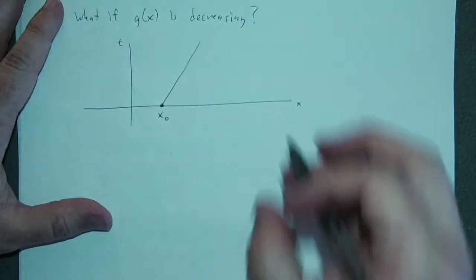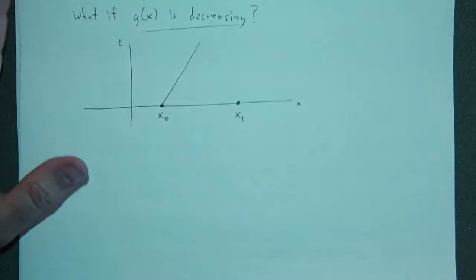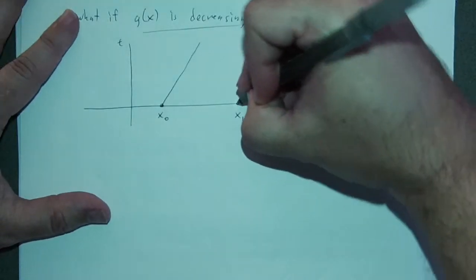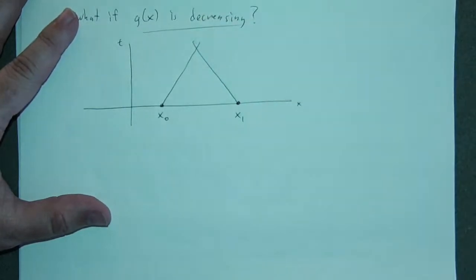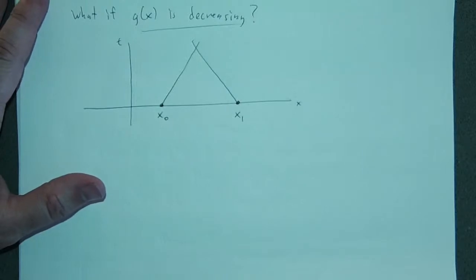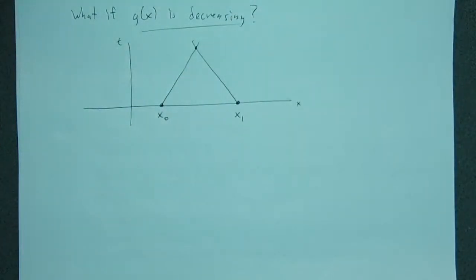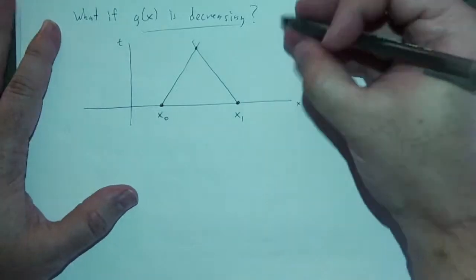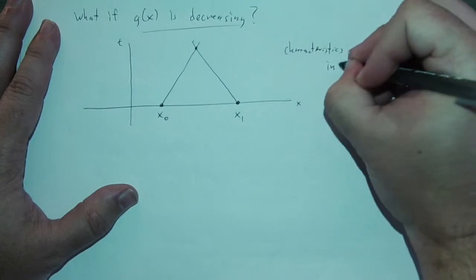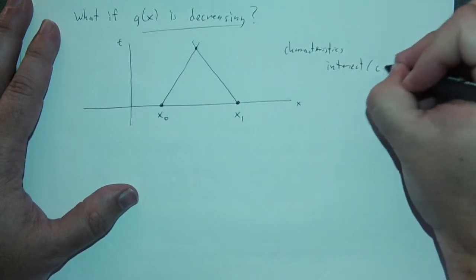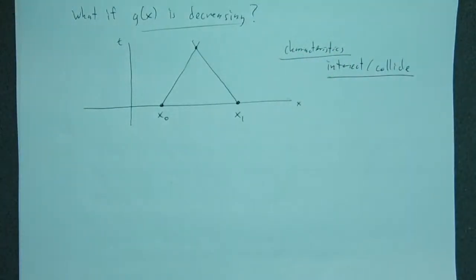Well, if I have a decreasing function, then maybe at this point the slope of my line looks something like this. So what's the problem here? Characteristics at some point intersect or collide.